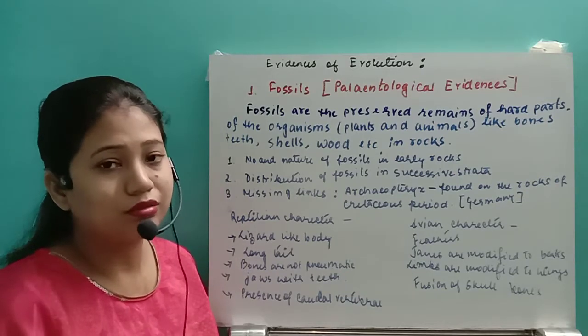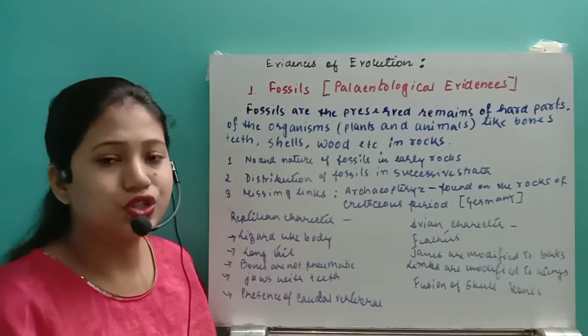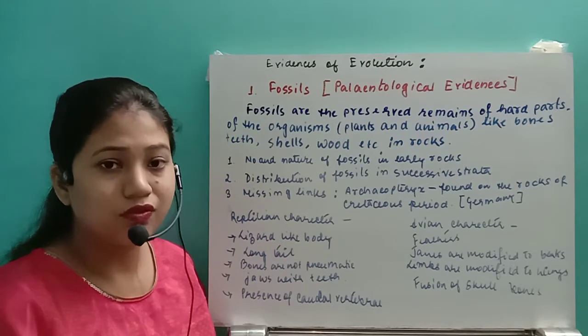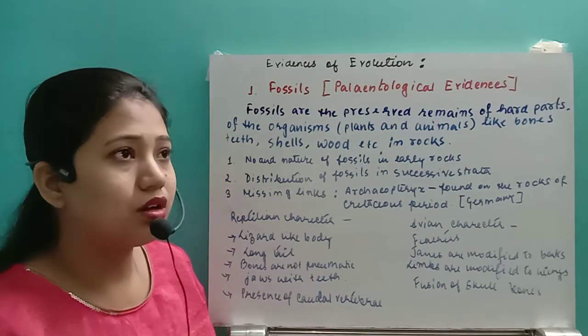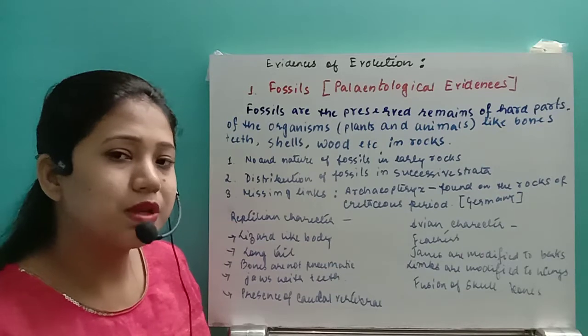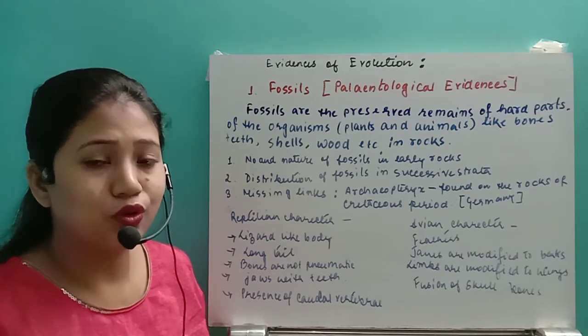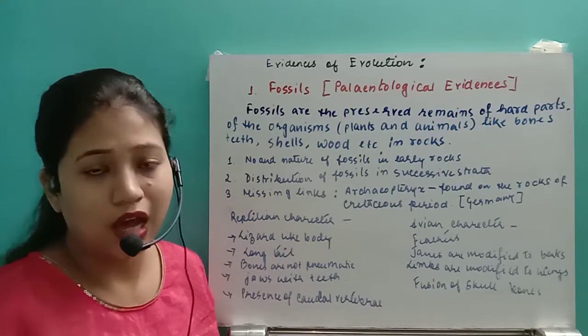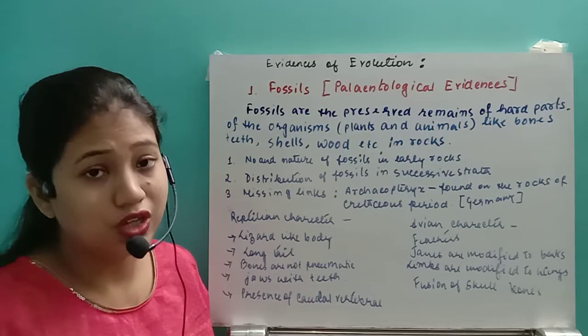The existing organisms are different from the species at the time of origin. Also, the species originating on the earth have some close relationship with other species, by which we can understand that evolution had taken place.